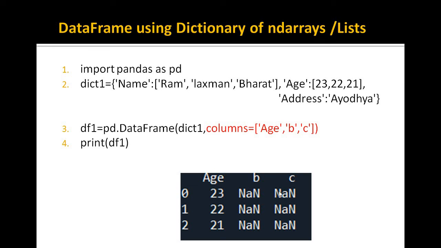And for C it has another column, but in this dictionary C has no corresponding value. C is not any key. So in this case C will be another column with not a number value. The third line is the call to the constructor function with the dictionary and column names, a list of columns actually.